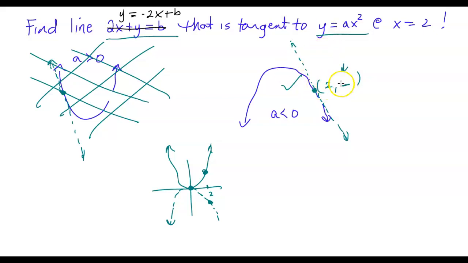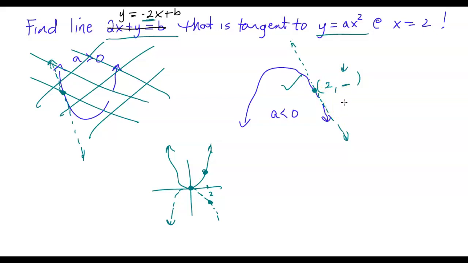And once we know that point, we'll be able to find out the equation of this line, because the equation of this line has a slope, and that slope we already know. It's -2. So we can find the y coordinate for this particular point, use that slope. We have slope, point. We can find equation of line using slope point formula.